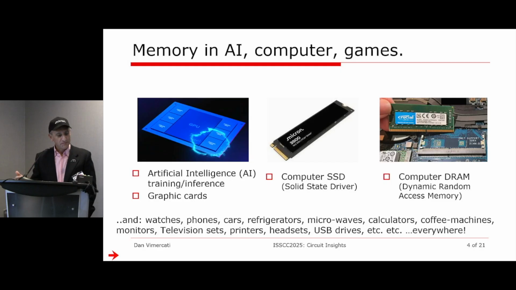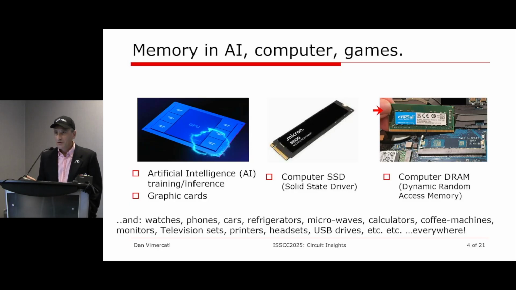Where memory is used, here there is an example. On the left, you can see a typical graphics card or AI engine where the GPU is in the middle and there are memories all surrounding the GPU. They have to be very close to the GPU in order to guarantee the maximum bandwidth. And also, we provide solid-state drives that you may have in your laptop or PC, and they do have these shapes, so they are solid-state devices.